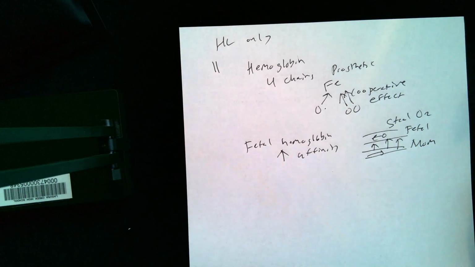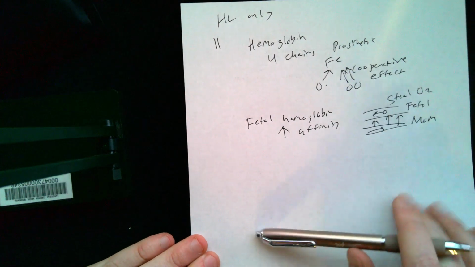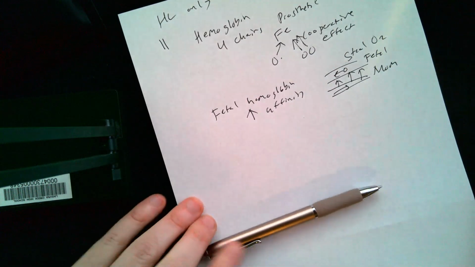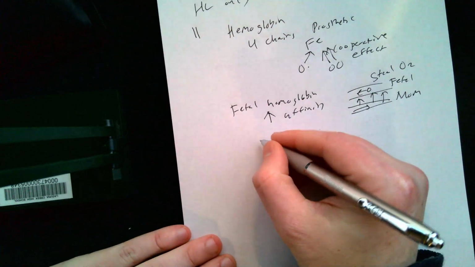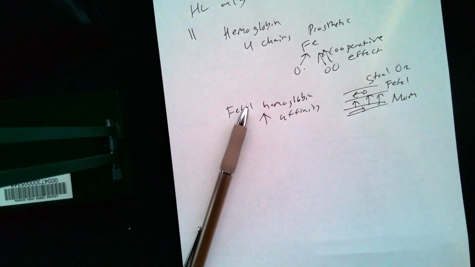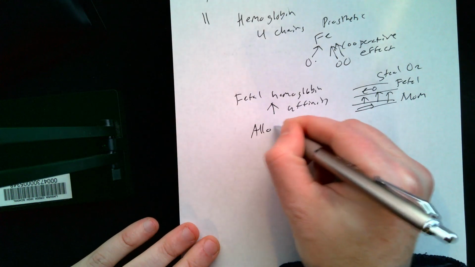Oh, allosteric binding of carbon dioxide. So for the allosteric binding of carbon dioxide, this is going to change the affinity as well. And so they have an allosteric site.